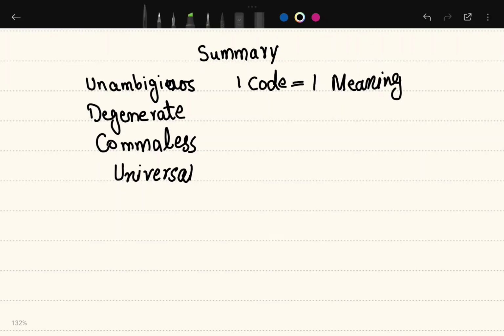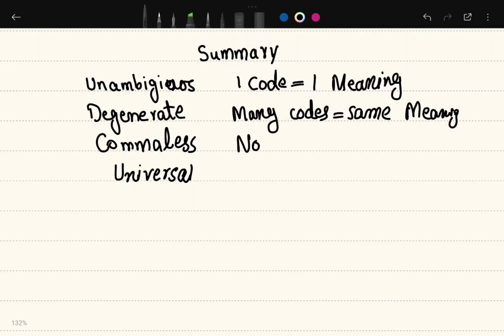Degenerate: many codes, same meaning. Commaless: no pauses or spaces. Universal: same for everyone.